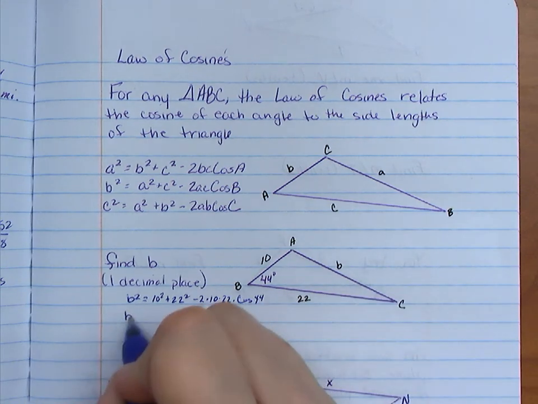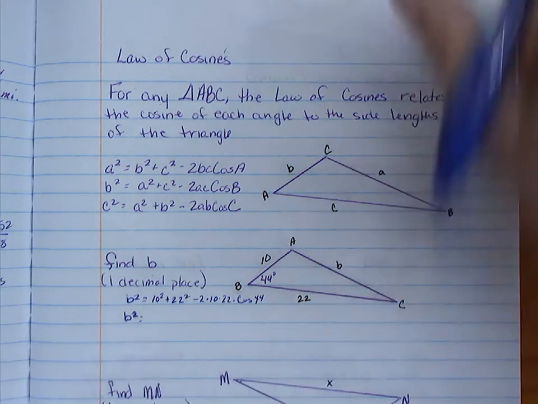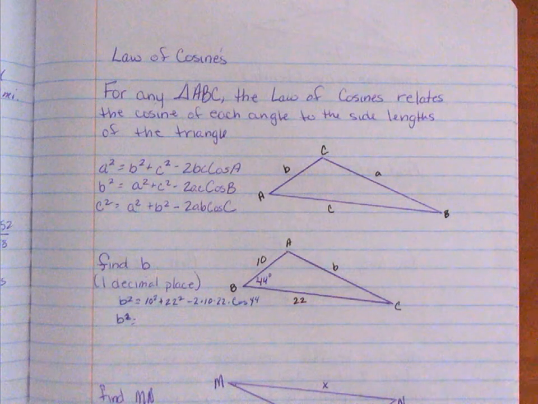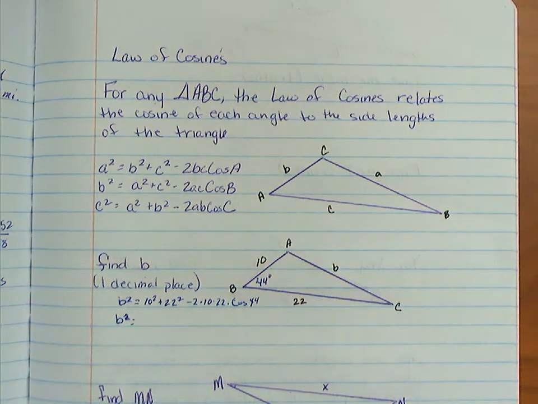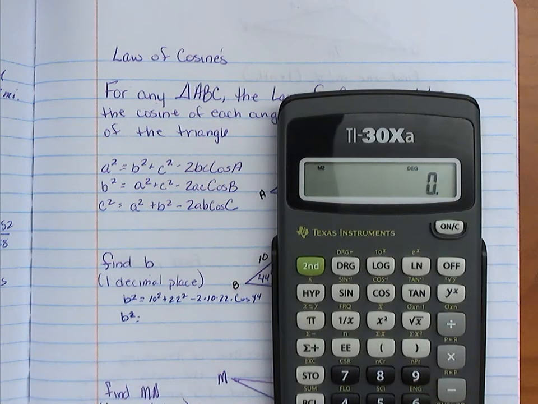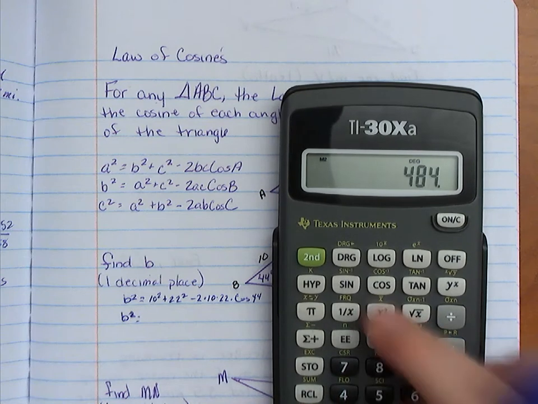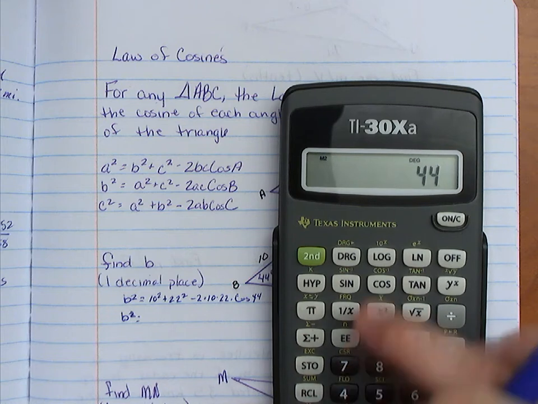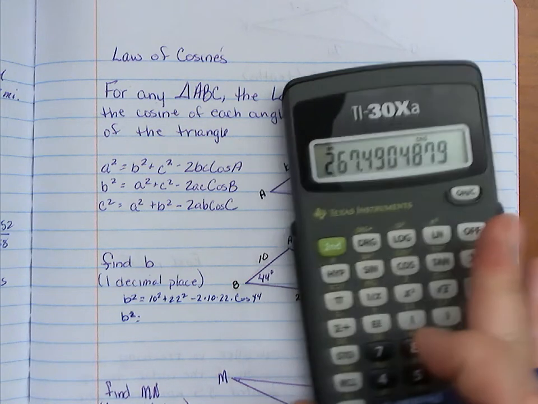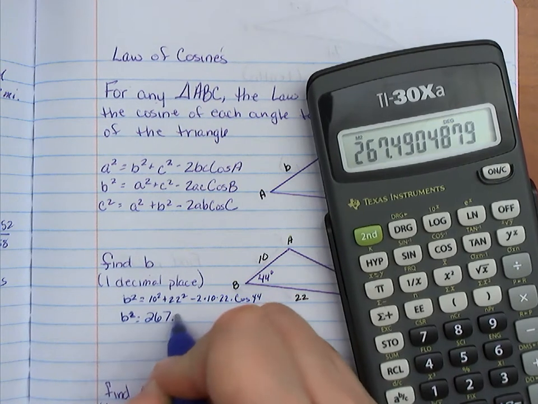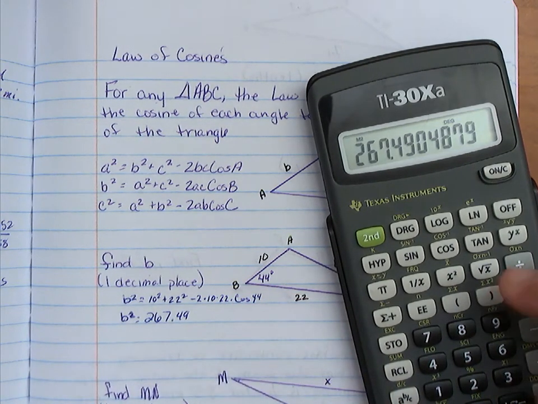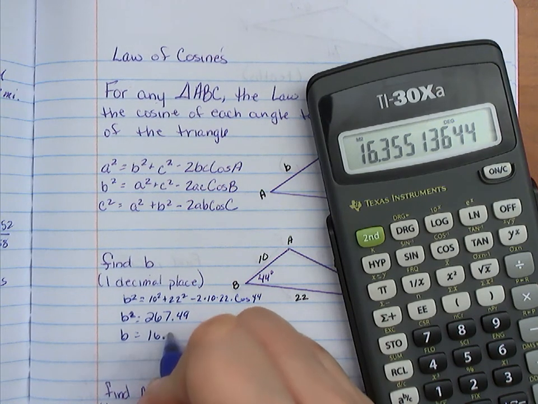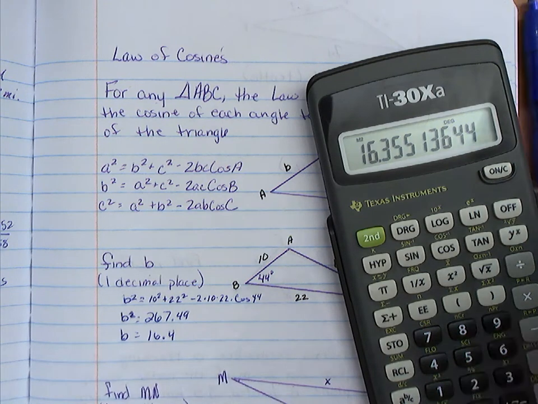And then I'm just going to put all of that in my calculator, and I'm going to get an answer, which is 267.49 blah blah blah, and then I'm going to take the square root of that, and I'm going to get that B equals 16.4 because I'm doing it to one decimal place.